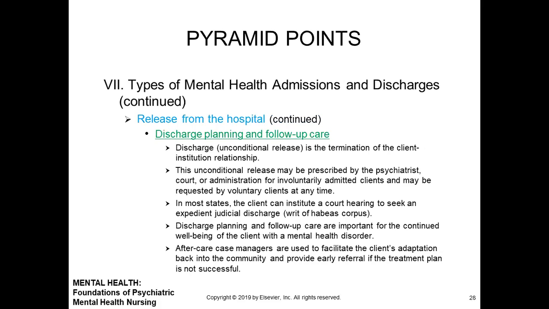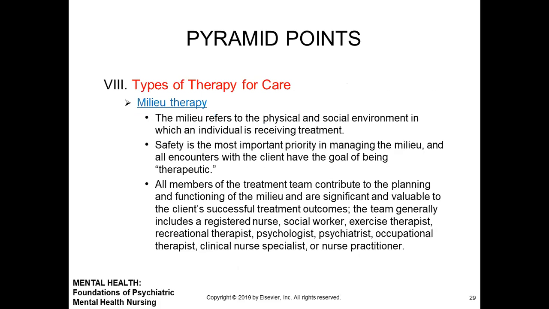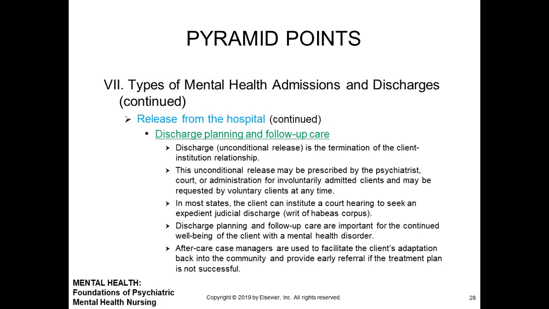Discharge planning and follow-up care. So, discharge from the hospital and follow-up: what they should do and what they will do in the future for follow-up. Discharge is the termination of the client-institution relationship.